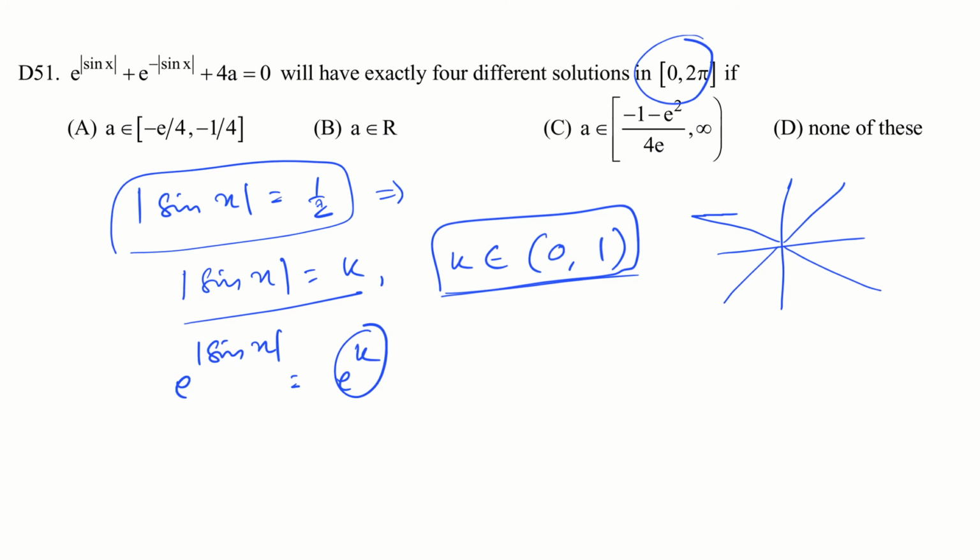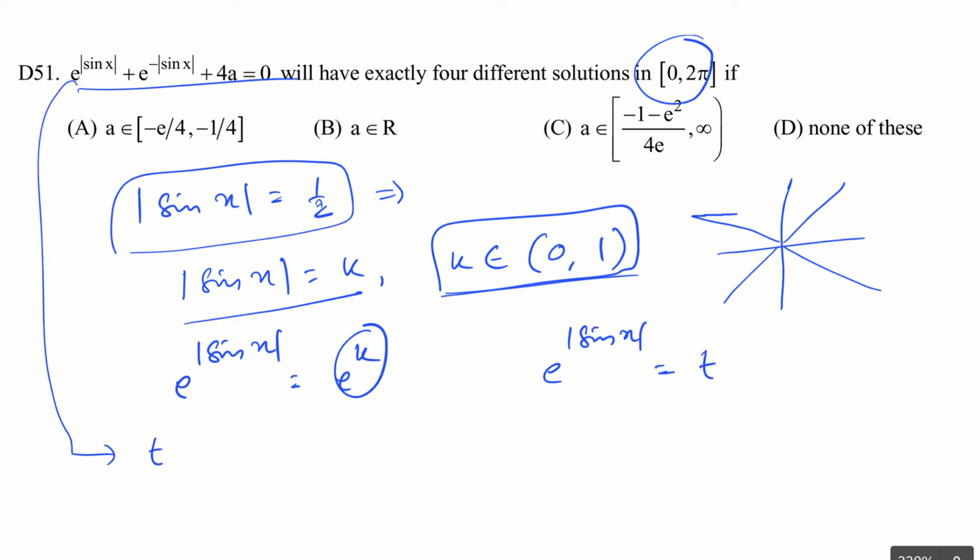Now, after observing this point, calling e power mod sin x as t, we observe that this equation transforms to t plus 1 by t plus 4a equal to 0, or from this I get the quadratic t square plus 4at plus 1 equal to 0.